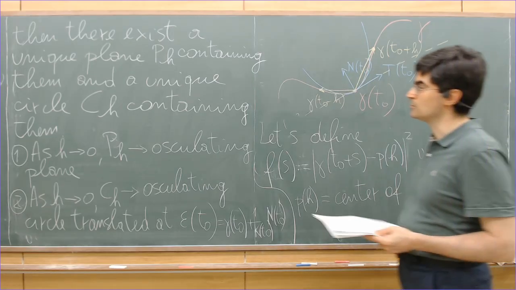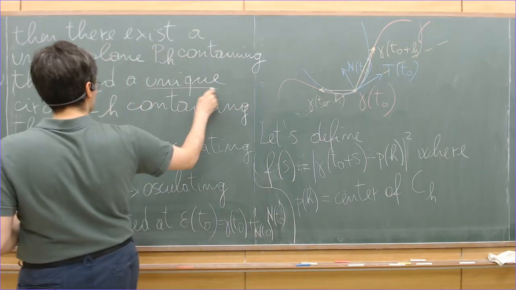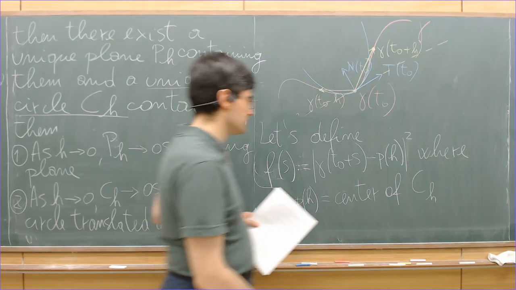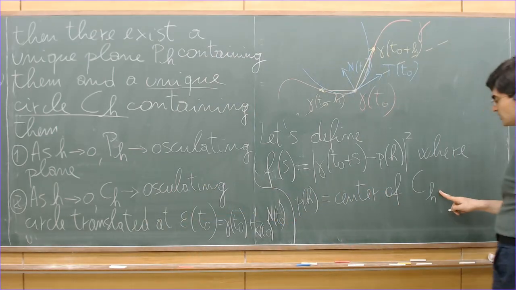CH is the unique circle containing gamma t0 plus h and gamma t0 minus h.